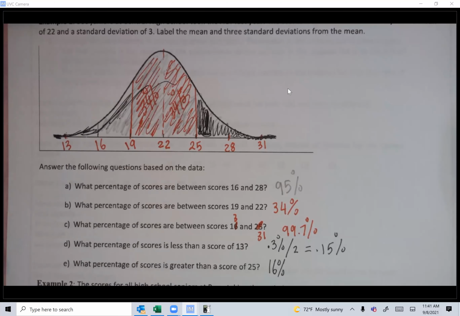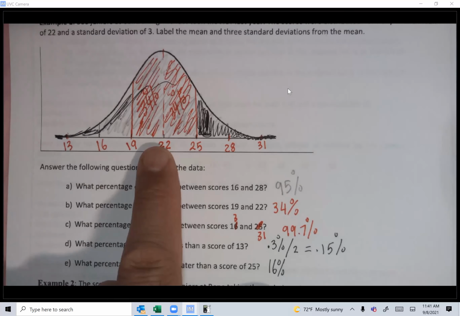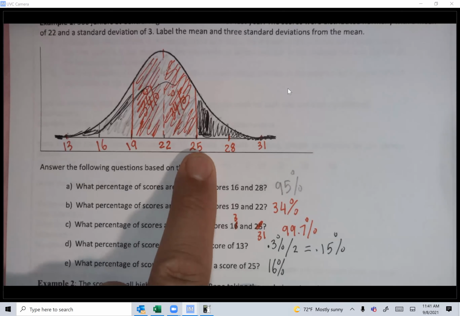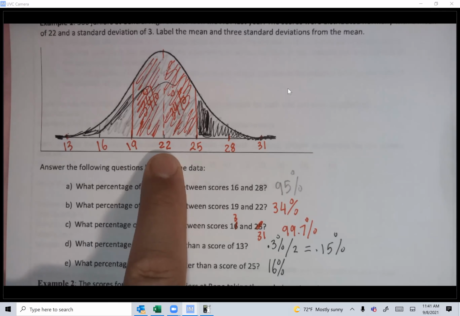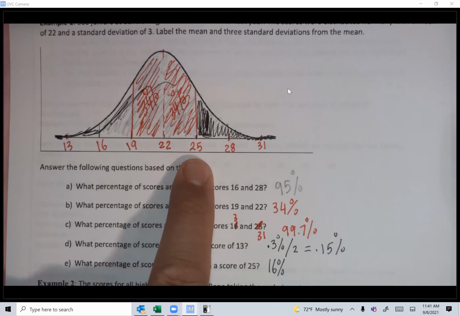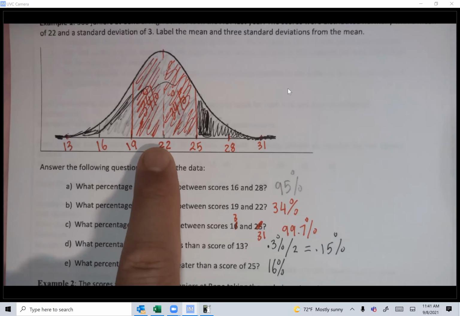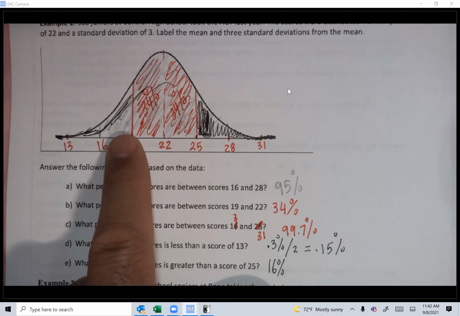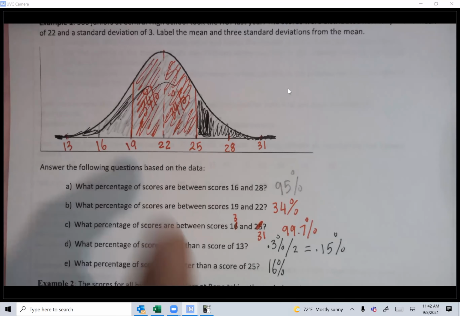You're going to have questions in the homework. He will give you the mean, he'll give you the standard deviation, and he will ask you a question. What percent of the values are between 19 and 25? You look at 19 and 25, and you notice that they are the result of adding one standard deviation to the mean and subtracting one standard deviation, just answer 68%. And something like that.